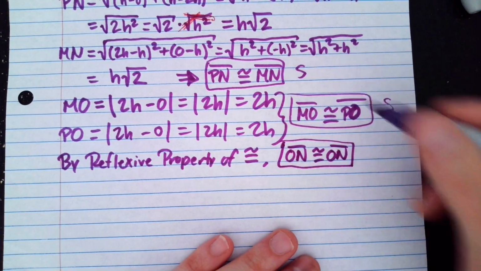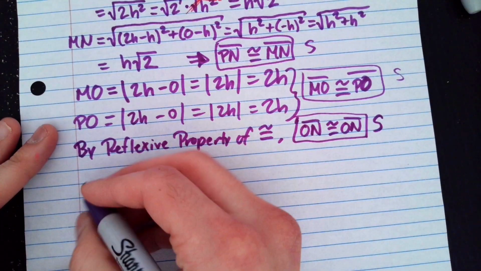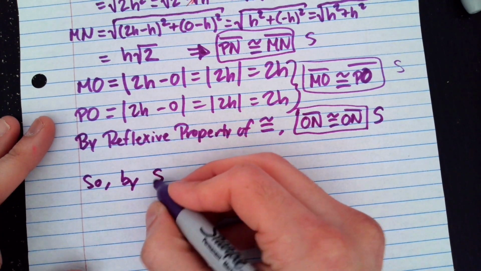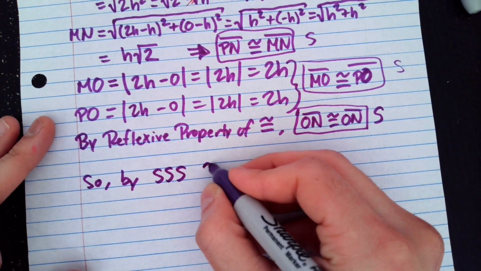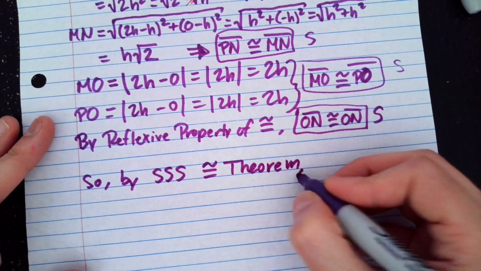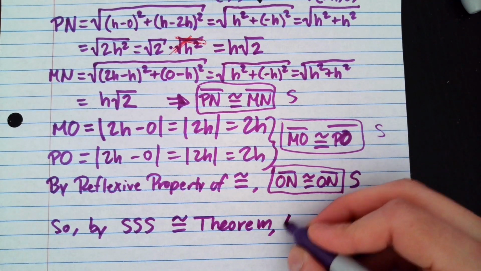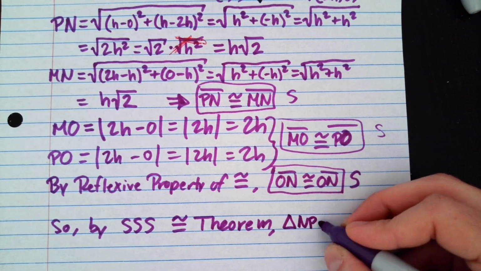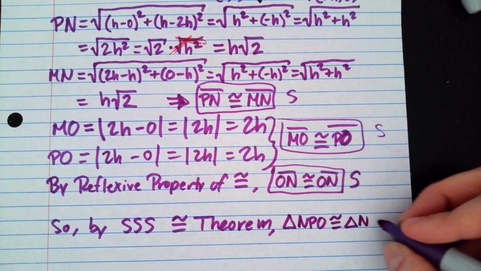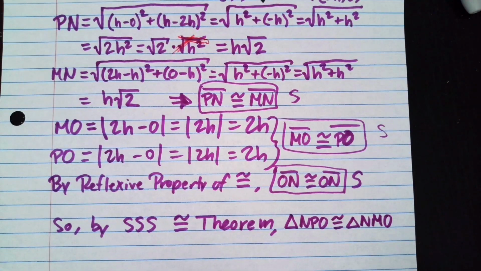So now we have a side, and a third side. We are now able to say, so by the side-side-side congruence theorem, we have that triangle NPO is congruent to triangle NMO. And we are done with this coordinate proof.